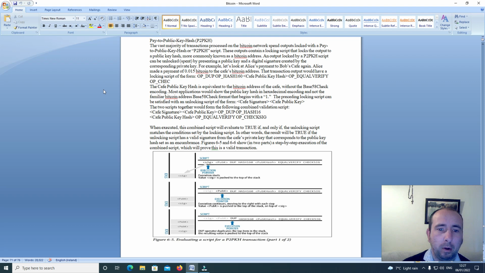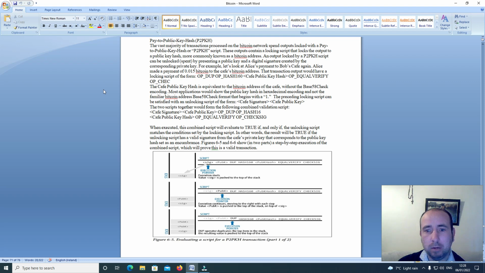Pay to public key hash, P2PKH. The vast majority of transactions processed on the Bitcoin network spend outputs locked with a pay to public key hash, or P2PKH, script. These outputs contain a locking script that locks the output to a public key hash, more commonly known as a Bitcoin address.